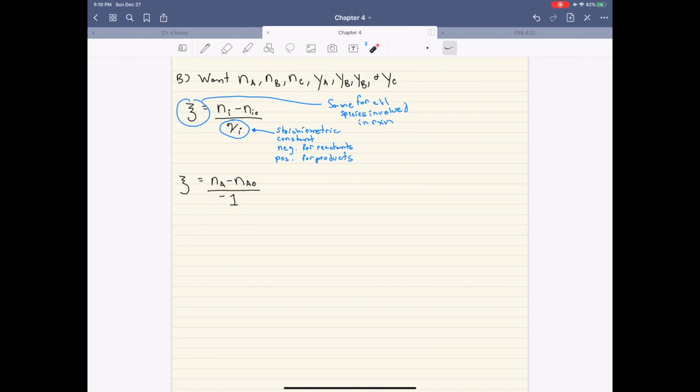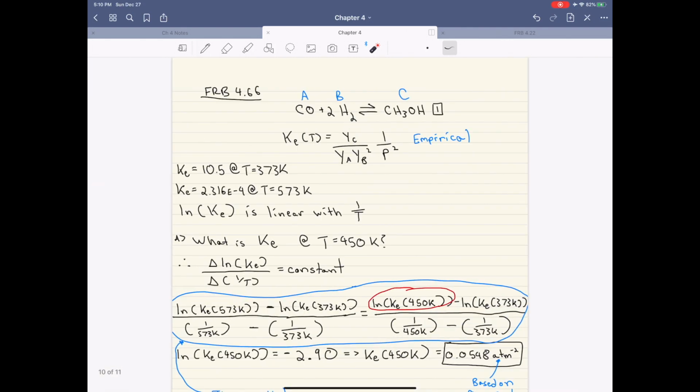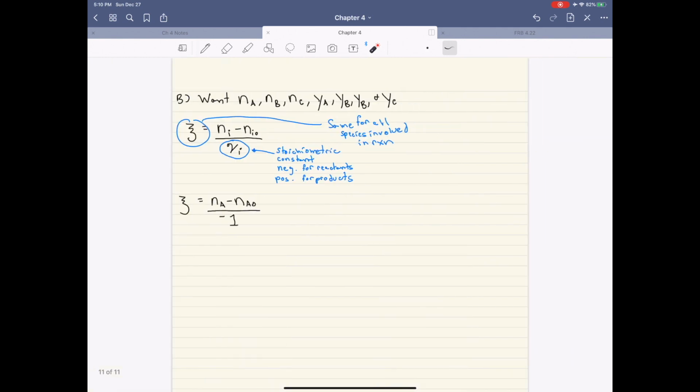And here you see we have a -1, because if we go back to the reaction, we see that 1 mole of carbon monoxide is consumed in this reaction. And because it's a reactant, there's a negative sign there. And so that's the extent of reaction in terms of species A. But we could also write it in terms of species B.